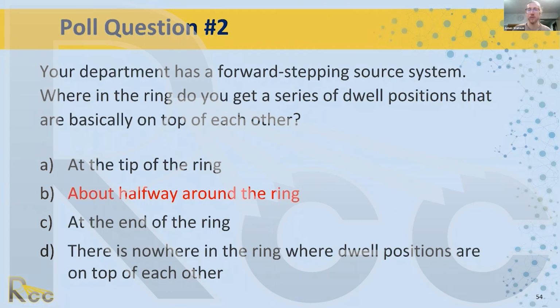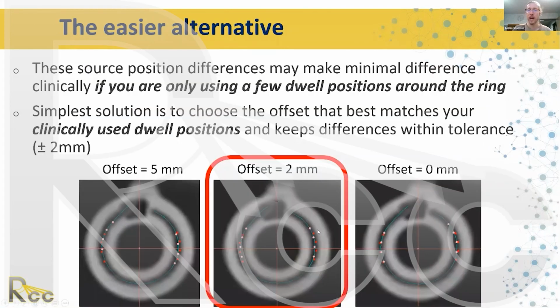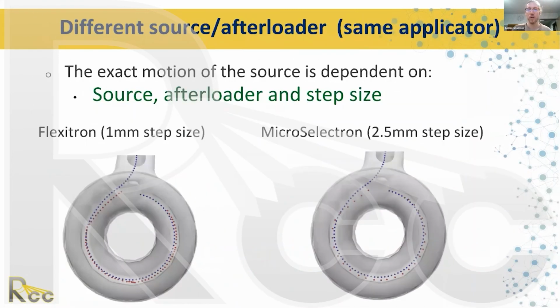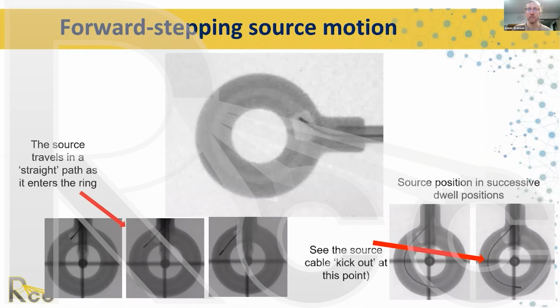So I'll explain the reasoning of this question. D might sound like the right answer, and that's okay. I think it's just maybe poor wording on our end. The dwell positions don't necessarily agree with the TPS dwell positions. I think that's why a lot of people answered D. So that's correct reasoning, but what we were looking for is this concept here.